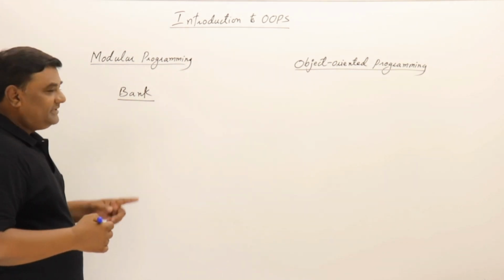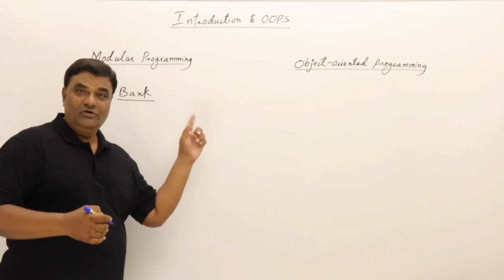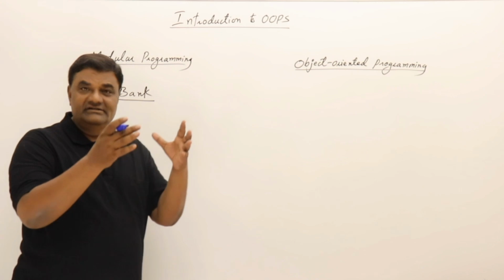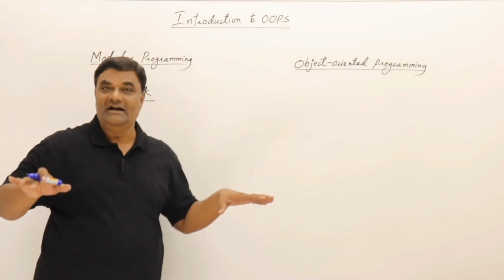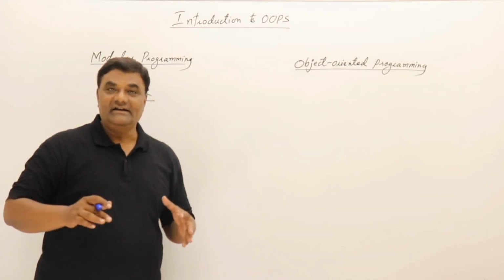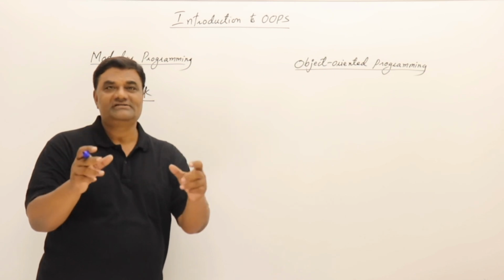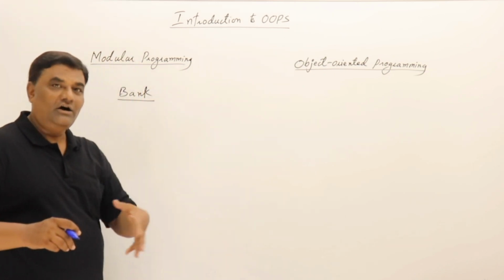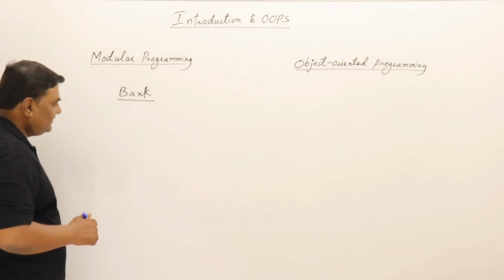If you're developing an application for a bank using modular programming, how do you see the system, how do you see the working of a bank? What will be your design? That depends on how you understand and see the system. Let us see how I am looking at the system using modular programming.